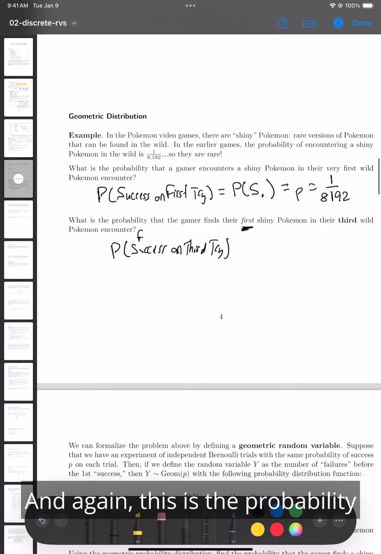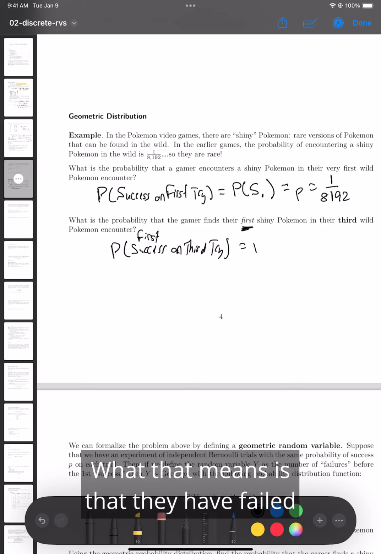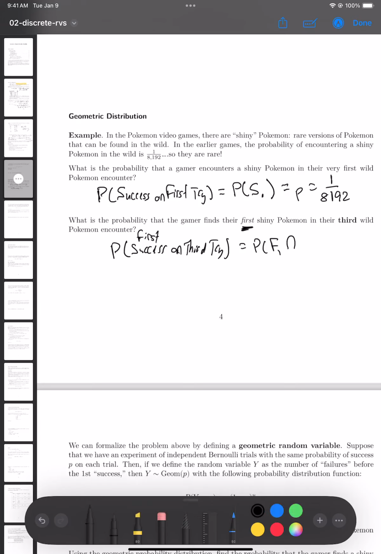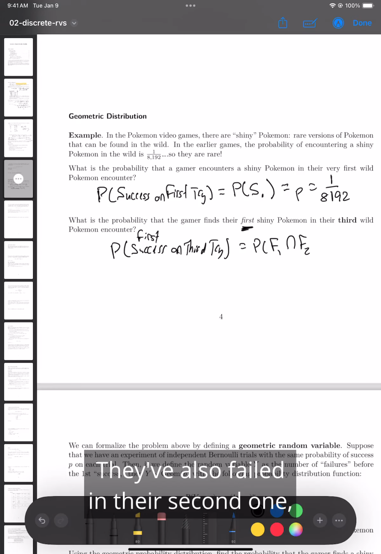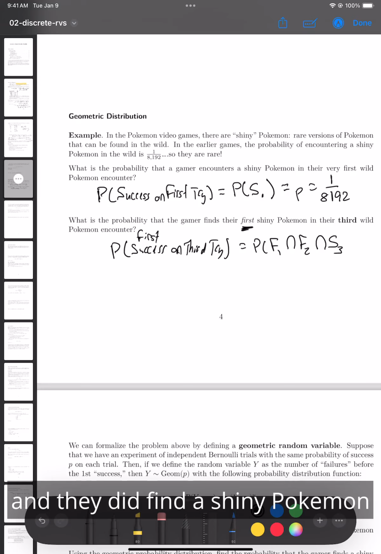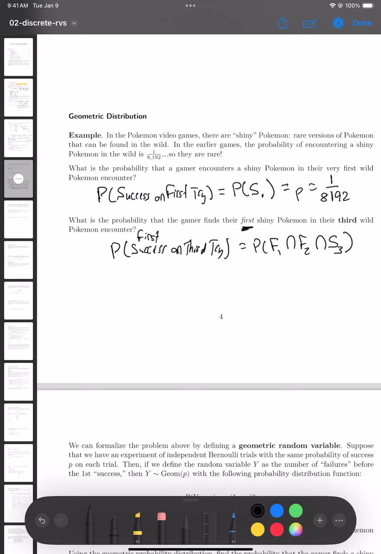And again, this is the probability that their first success comes on the third try. What that means is that they have failed in their first wild Pokemon encounter. They've also failed in their second one. And they did find a shiny Pokemon on their third encounter.